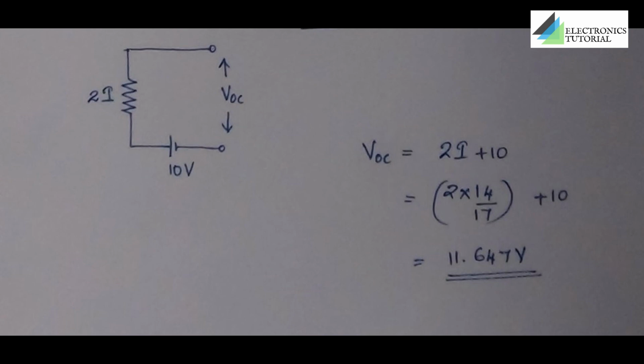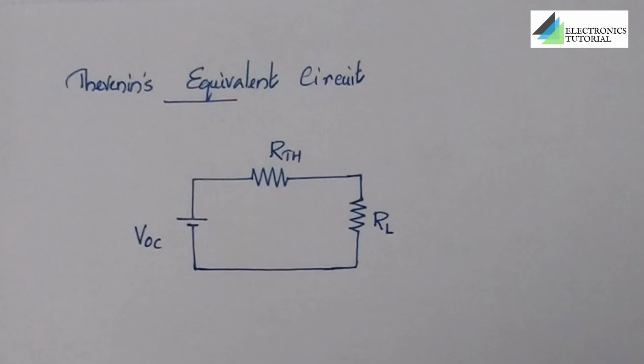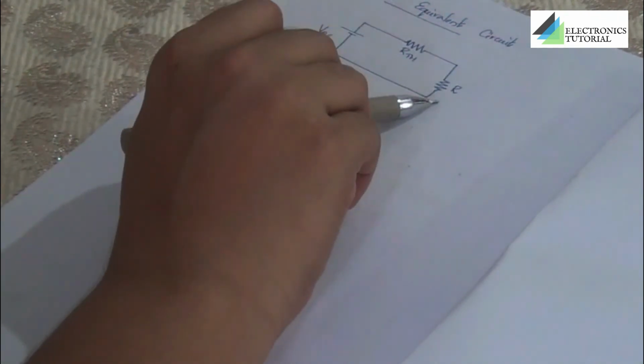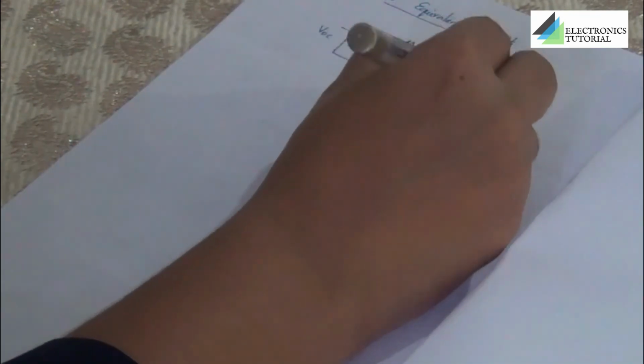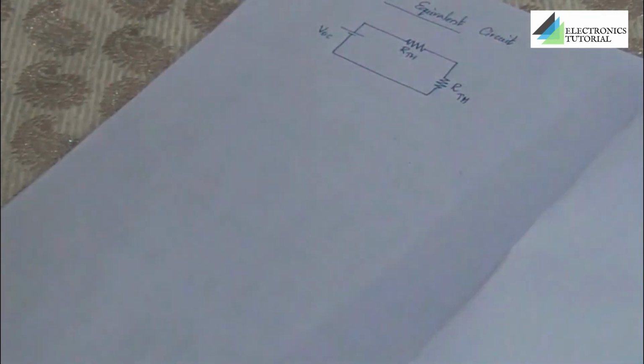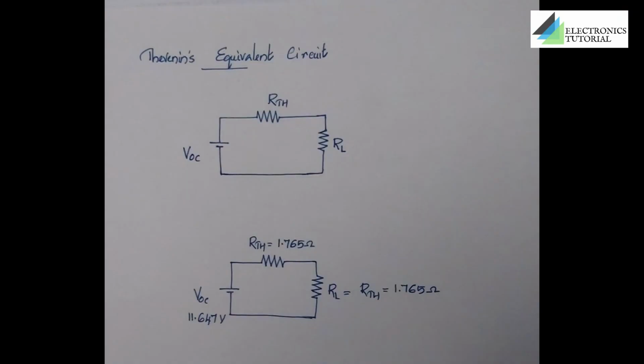We can complete the Thevenin's equivalent circuit. We have got the values for all the components VOC, RTH and RL. We need to obtain the maximum power across this load resistor RL, or here in this case it is RTH. So by substituting all the values, our circuit will look like this.